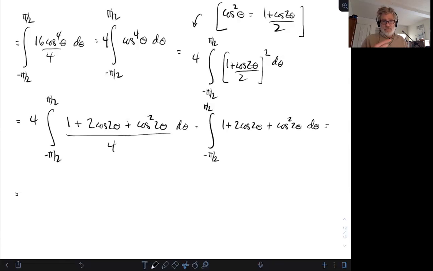Okay. I can split it up as a sum, but I'm still stuck with an even power of cos, so I use the identity. Once again, I'll do it immediately.